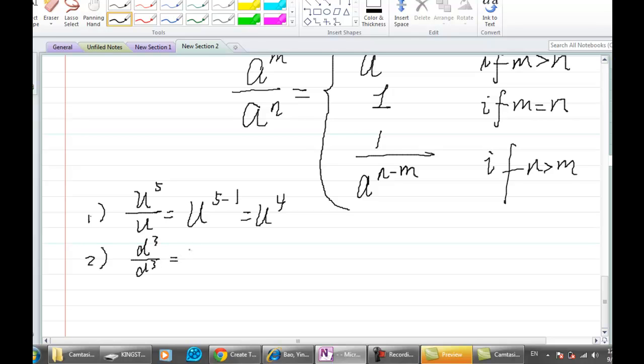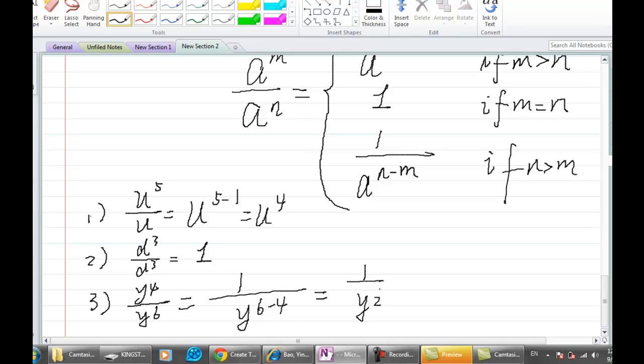In this case we have 3 equals 3, so the result is just a single one. And the last one is y to the 4th power over y to the 6th power. Now we can see that 4 is smaller than 6, so we can use the last result of this law, that is 1 over y to the product 6 minus 4 power, that is 1 over y squared.